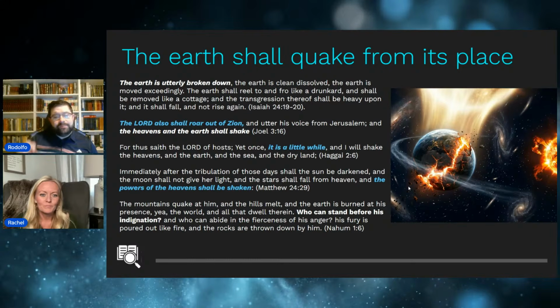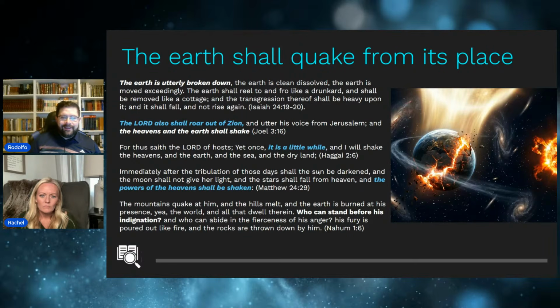It can be the trumpets. We don't know if that's going to be a physical sound of a trumpet, or whether these effects are caused by some type of vibration that is the equivalent of a trumpet, of the Lord raising his voice.